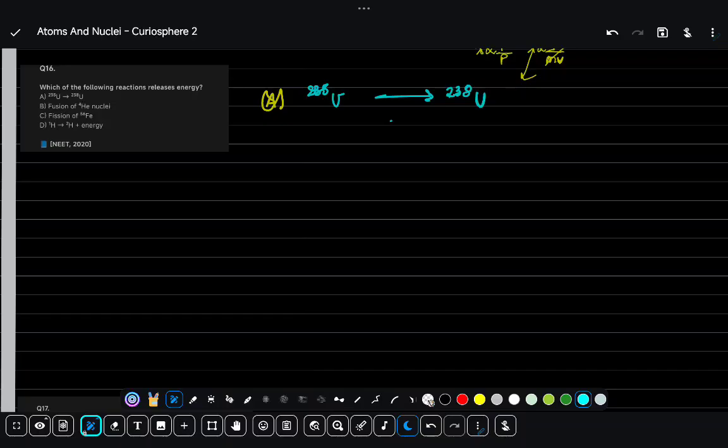Uranium, the mass number is increased, which means there is an increase in the number of protons or the number of neutrons. Okay. So what did I say? We have a binding energy. The binding energy should be there to hold the neutrons and protons together.